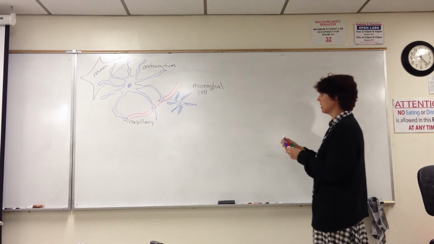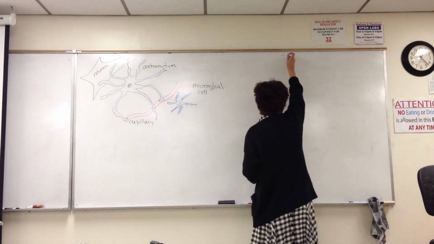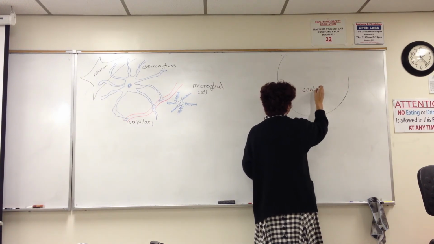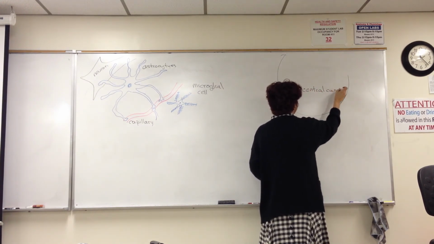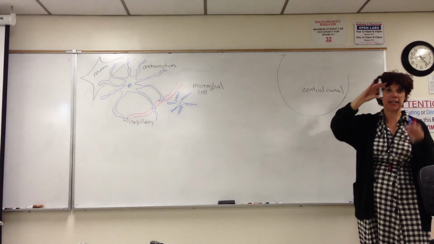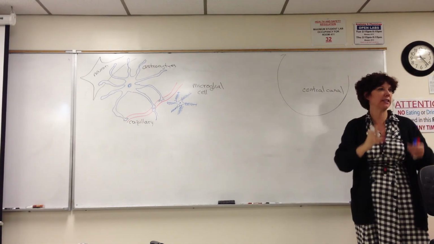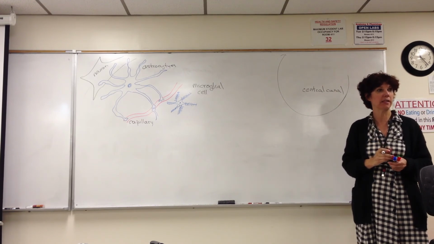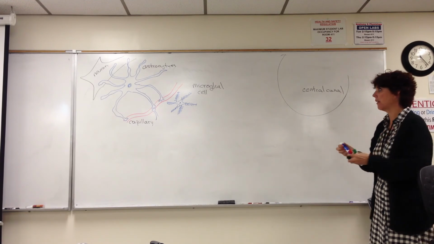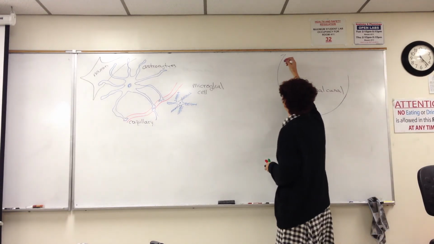And then that central canal, but we also, as we'll see at the end of lecture today, is continuous into the brain, and we have fluid-filled spaces in the brain known as ventricles. So lining the central canal and lining these ventricles of the brain, we have ependymal cells.